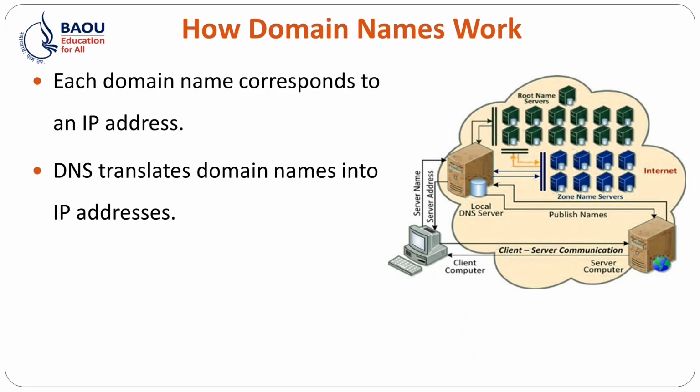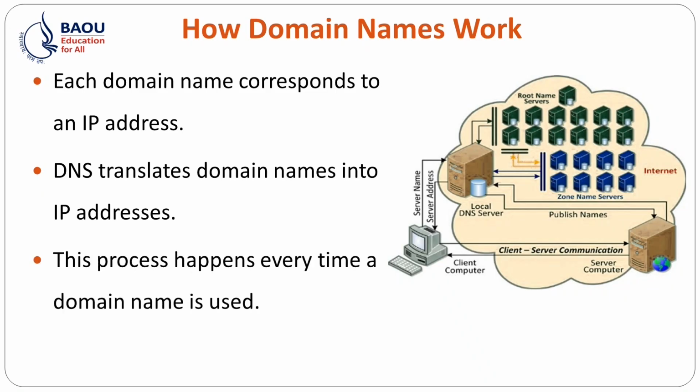DNS translates domain names into IP addresses. This process happens every time a domain name is used. So whenever you write, for example, Google, the request is sent to the Google server, which searches for the domain via DNS, and DNS sends the result back to the server, and the server responds to you.